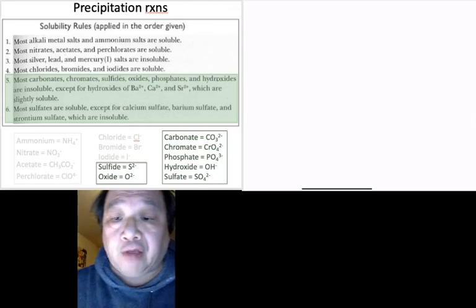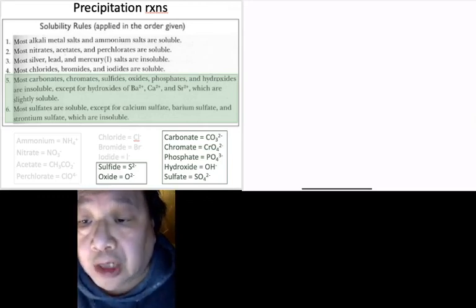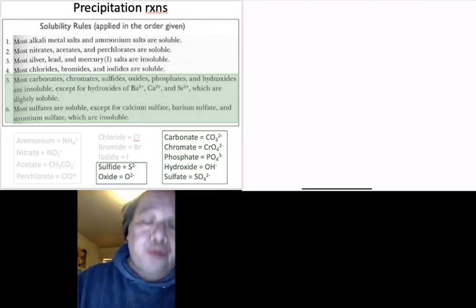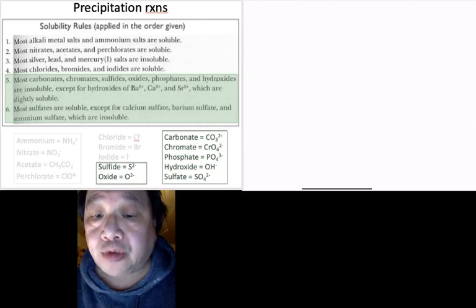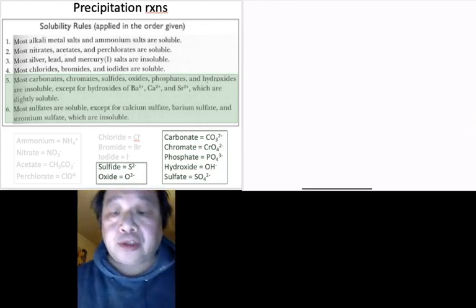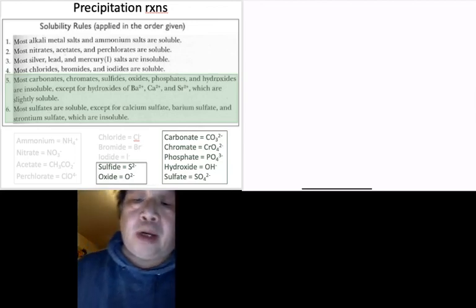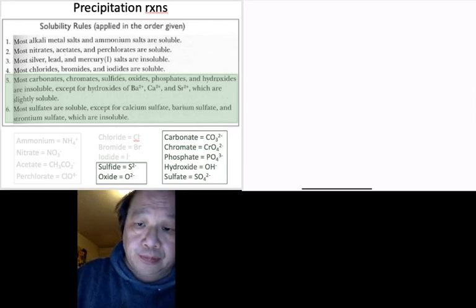That's rule number 5. And then there's an exception. The hydroxides of the 3 amigos, exactly, barium 2+, calcium 2+, and strontium 2+, are slightly soluble. In this course, we'll just say they are soluble. The hydroxides, barium hydroxide, calcium hydroxide, strontium hydroxide, are soluble.